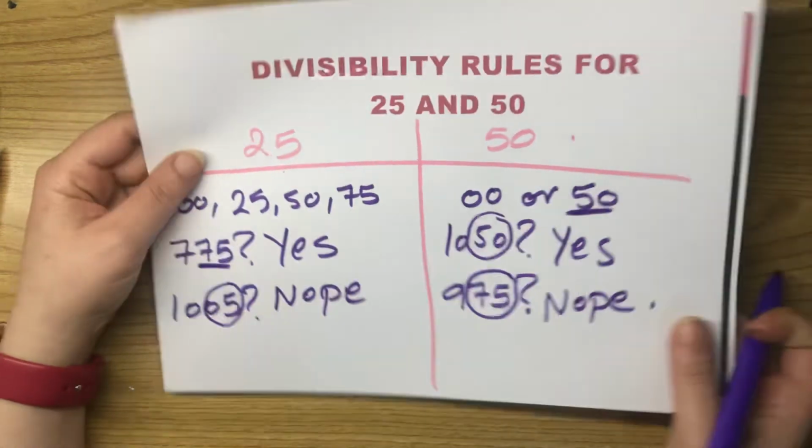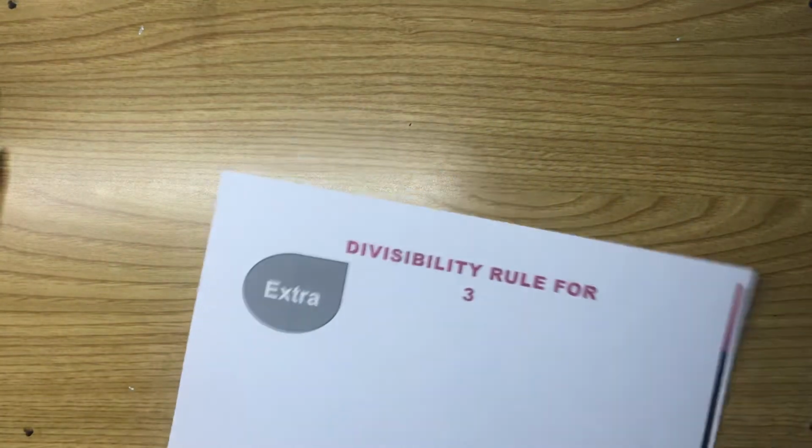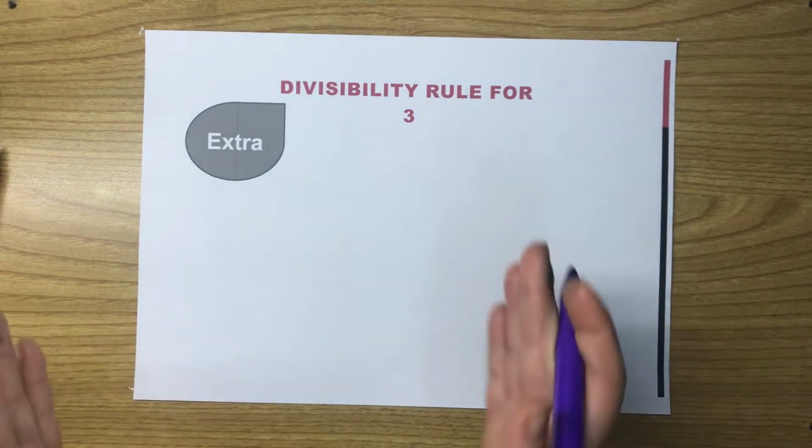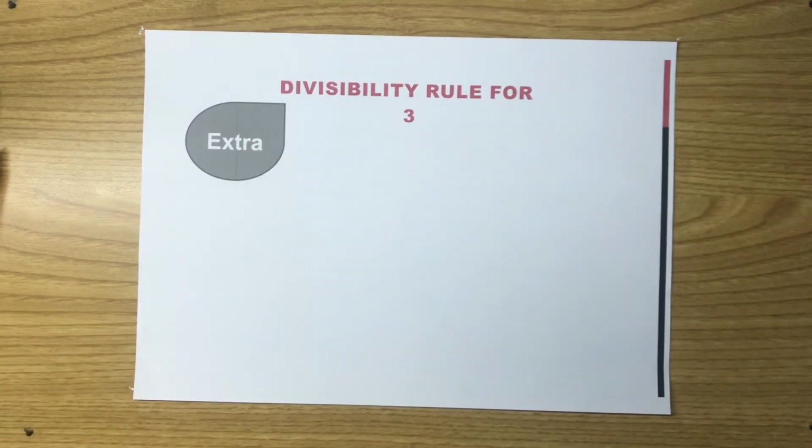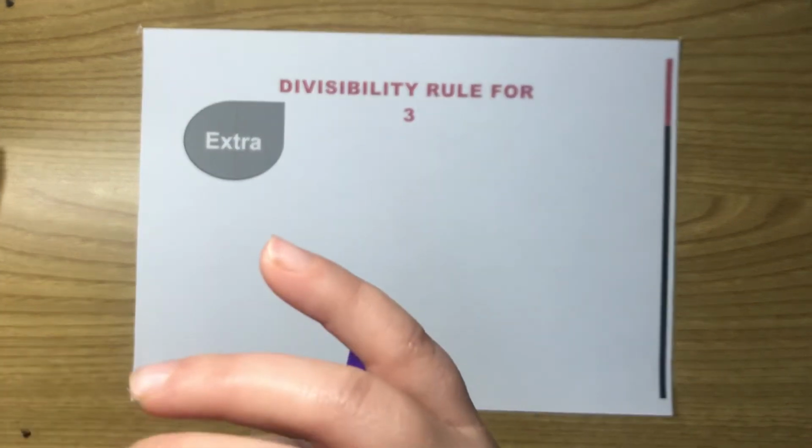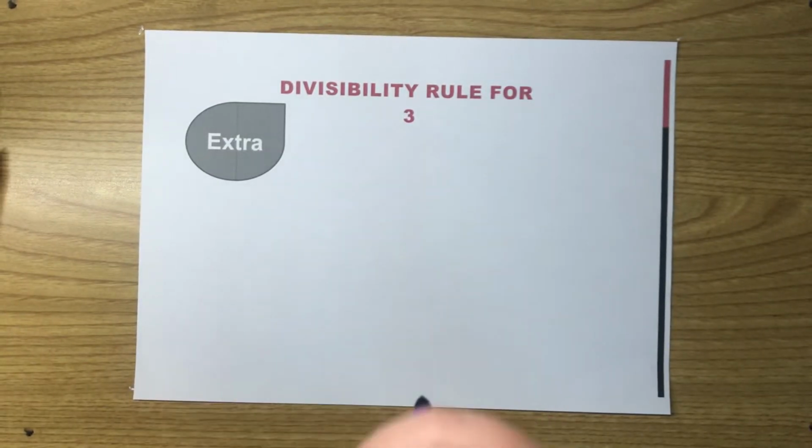Now, the extra knowledge that I want to give you is the divisibility rule for 3, because it is so much fun. I'm going to create a number that is divisible by 3.